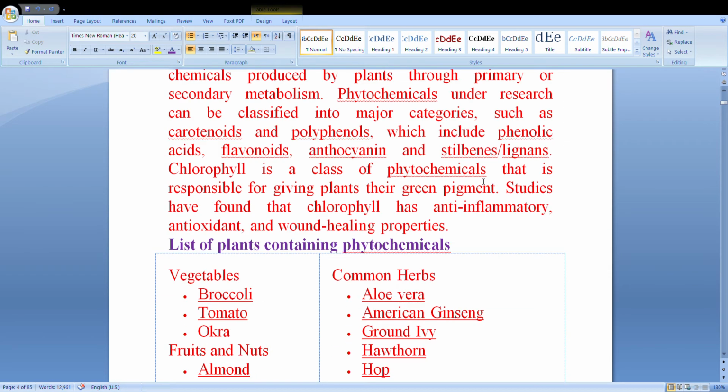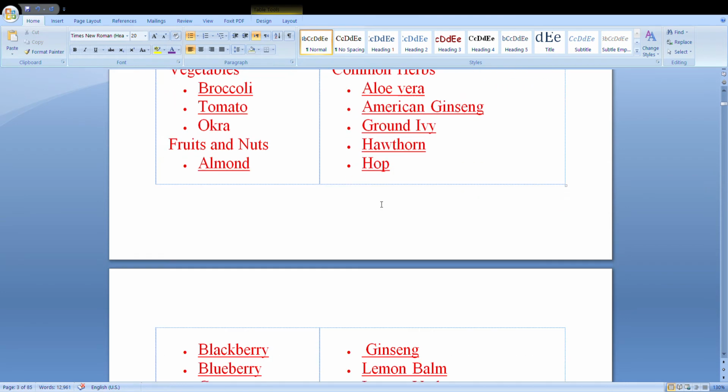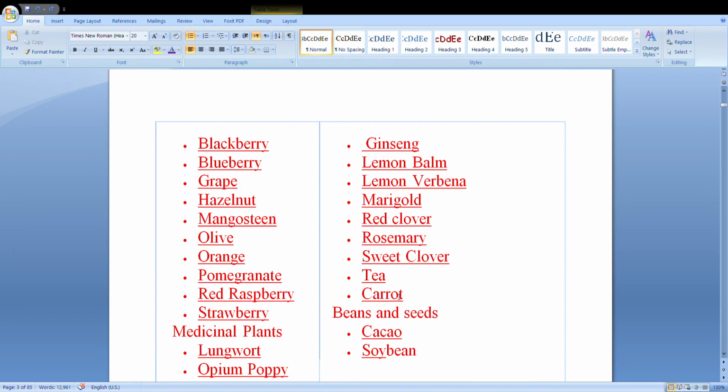And then here you can also see herbs other than ginseng: lemon balm, lemon verbena, marigold, red clover, sweet clover, tea, carrots. Also different types of beans and seeds, cacao and soybeans.